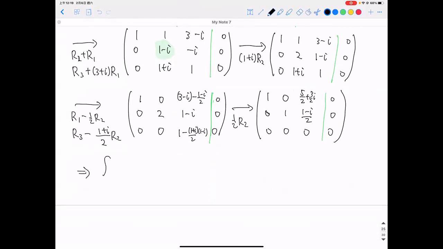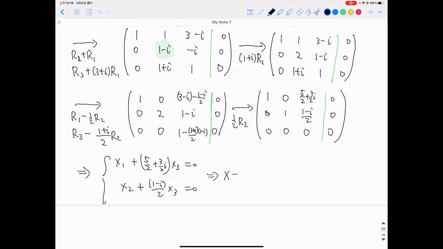What this is saying is that x1 plus (5 on 2 plus 3 on 2 i) x3 is equal to 0, and x2 plus ((1 minus i) on 2) x3 is equal to 0.